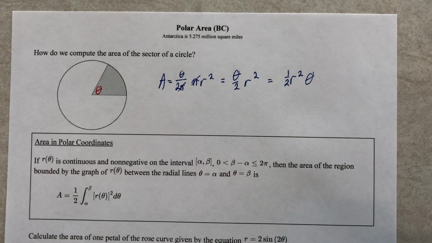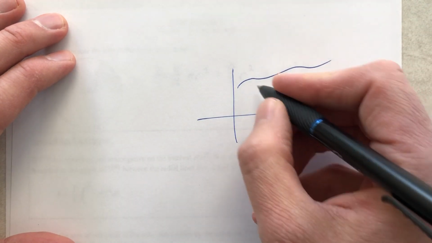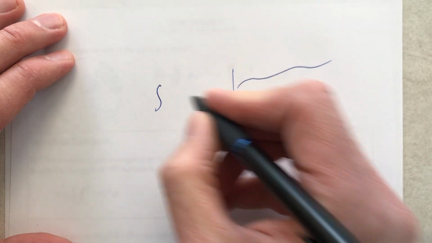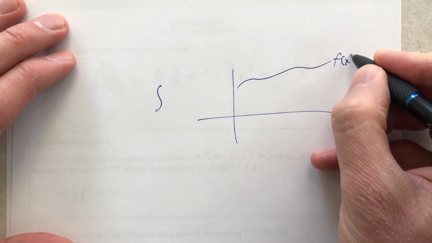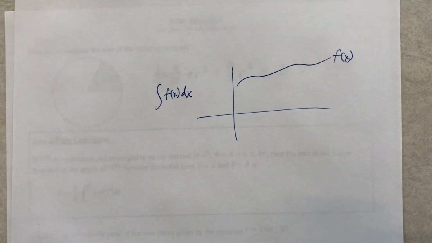So when you were finding the area of something in rectangular form, you had some little function, you would do the integral of whatever your function is, f of x, and you did f of x dx, and it made sense because it's a rectangle.